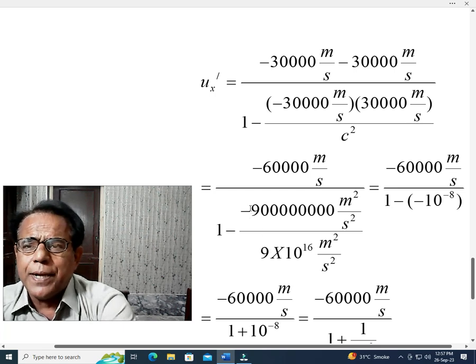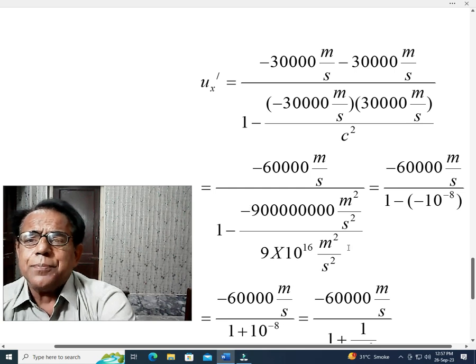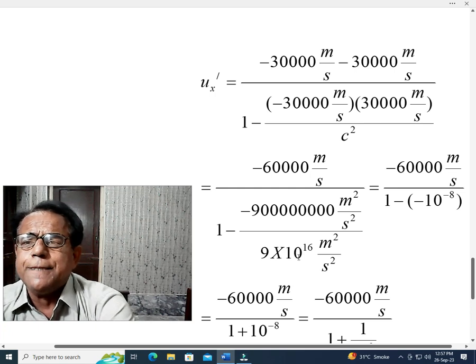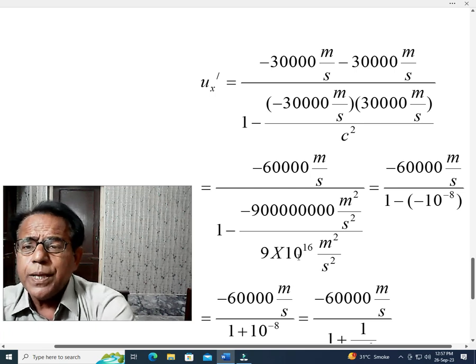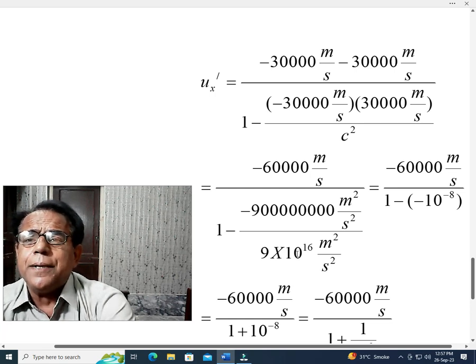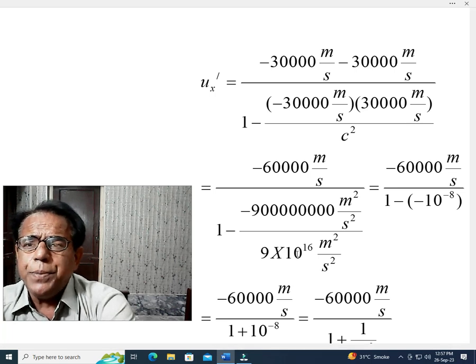It will become 1, and because these 8 zeros will be subtracted from these 16 zeros, 10 raised to the power 8 will remain in the denominator.